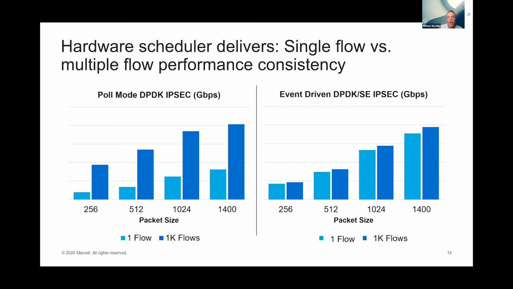On the right-hand side, you have what happens if you switch to event-driven DPDK using our scheduler block. You do get slightly lower performance, admittedly, when you use the block versus software, because there are some more instructions required. However, if you notice, the drop-off in performance between the 1K flow and the 1 flow case is very, very small.